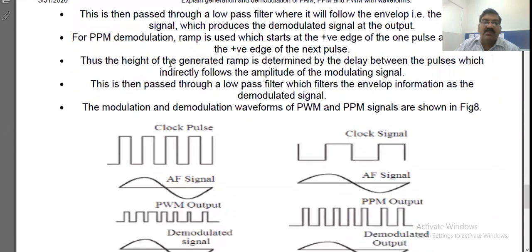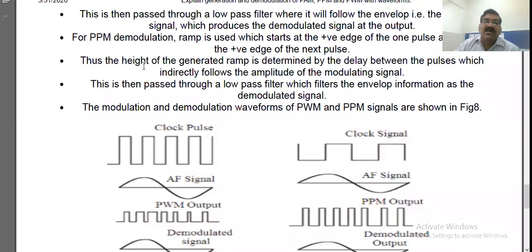Now we will go for the pulse position demodulation. In pulse position demodulation, the ramp used starts from the positive edge of one pulse and stops at the positive edge of the next pulse. So the complete wave is considered from positive edge to positive edge.